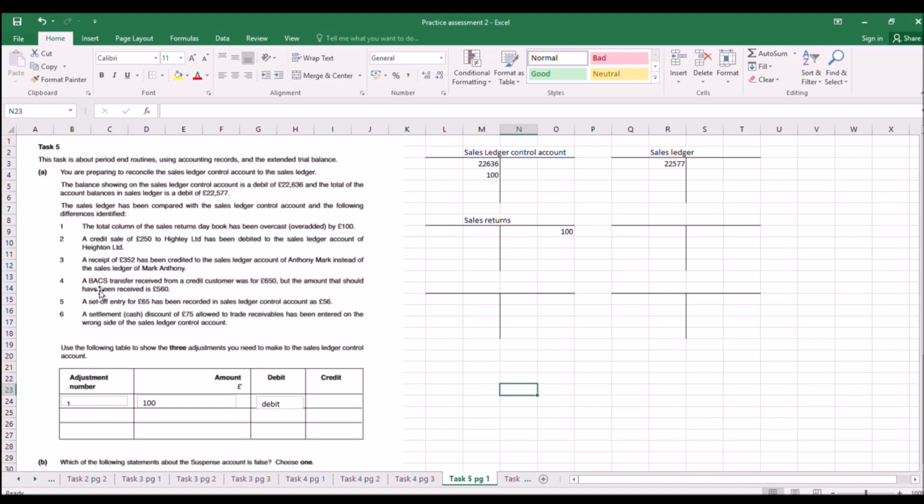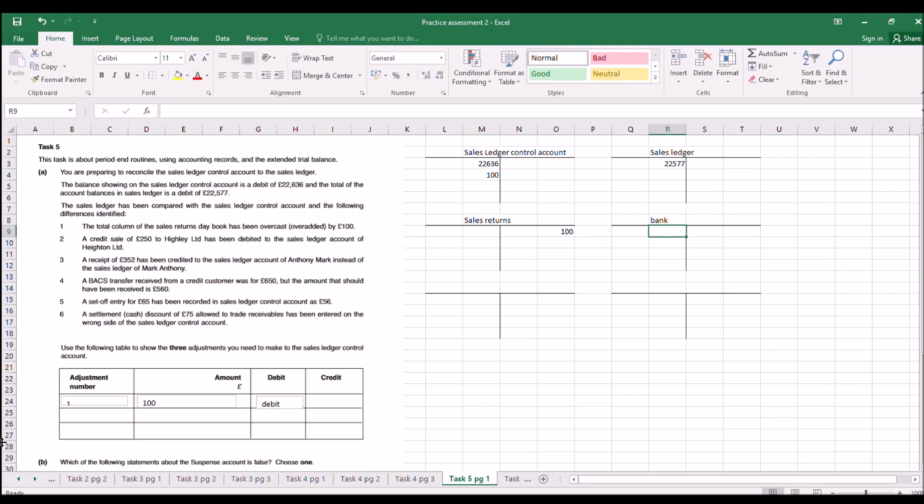Makes no difference. A BACS transfer received from a credit customer was for £650, but what should have been received was 560. So they just made an error.